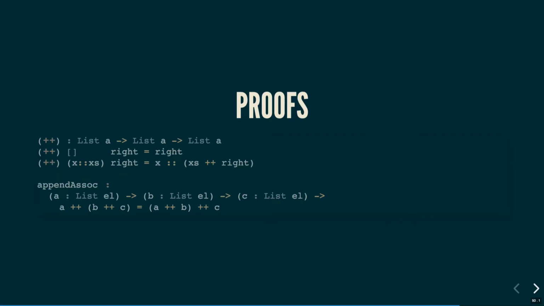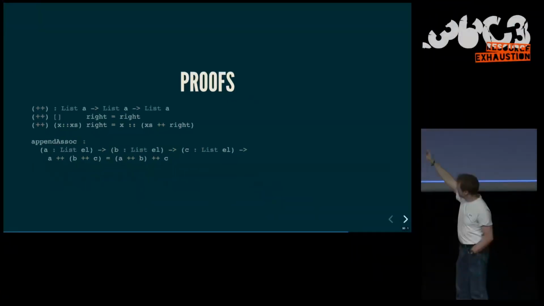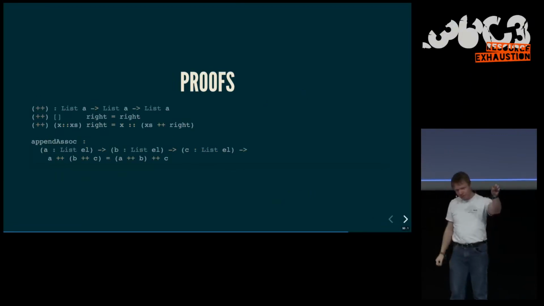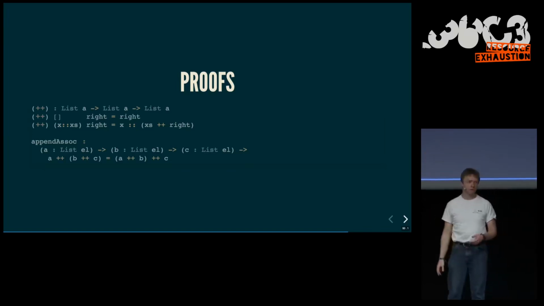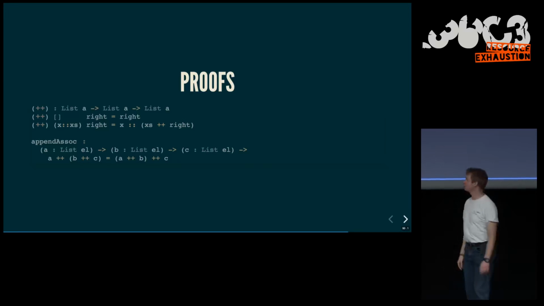If we concatenate the empty list with any list, that is just that list, right? The second one says, if we concatenate a list that starts with the element x and goes on with xs, then we pull the x in front and concatenate the rest with right. So that's a classic recursive definition of list concatenation in functional programming.